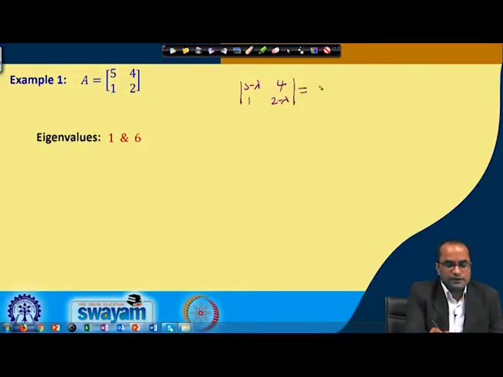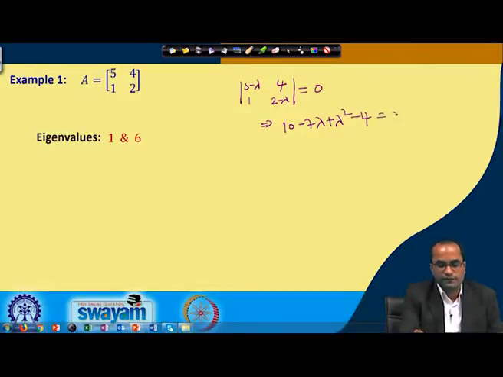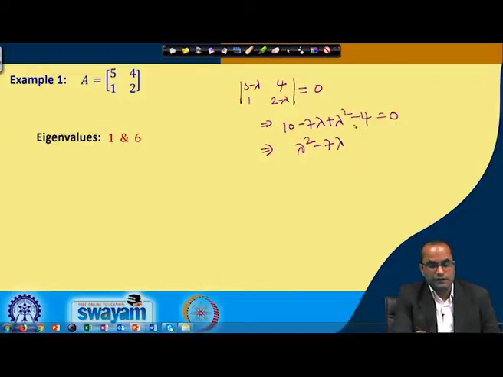This determinant we have to solve, which gives the product 10, and then minus 2 and minus 5 terms. So, minus 7 lambda plus lambda square minus 4 is equal to 0. So, this is lambda square minus 7 lambda plus 6 equal to 0, and that can be factorized.